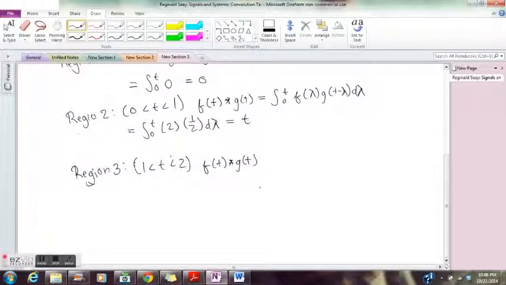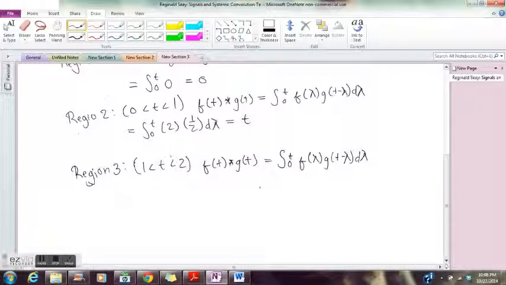And we're writing again f of t convolved with g of t is equal to the integral from 0 to t of f of lambda times g of t minus lambda d lambda.